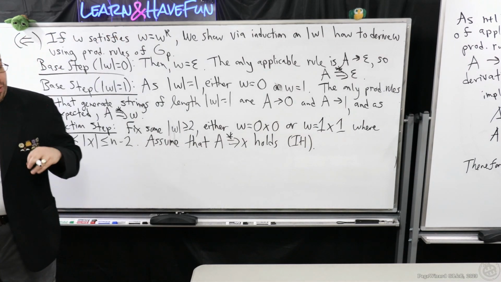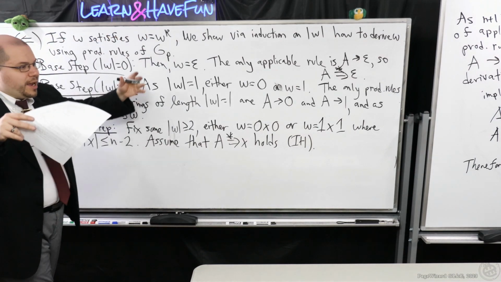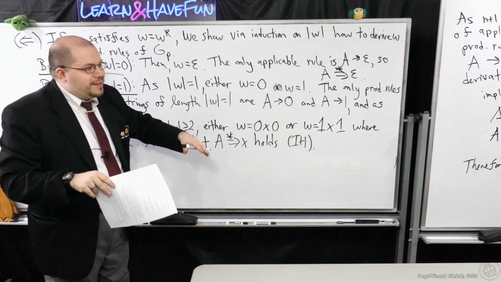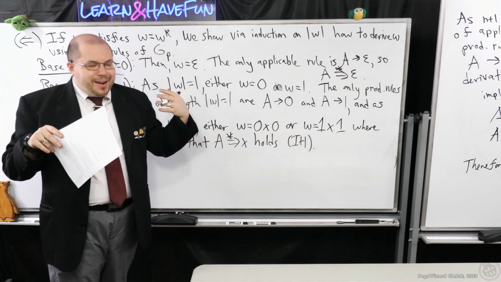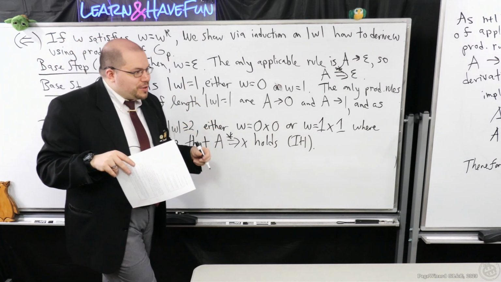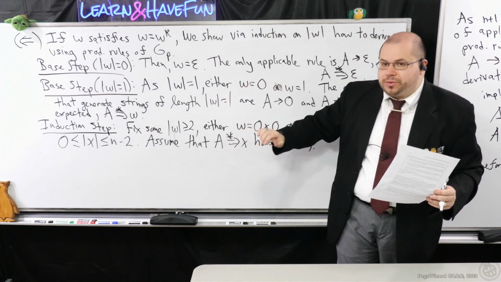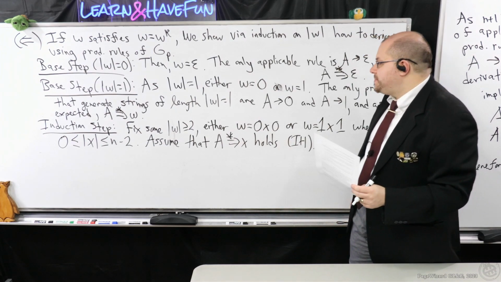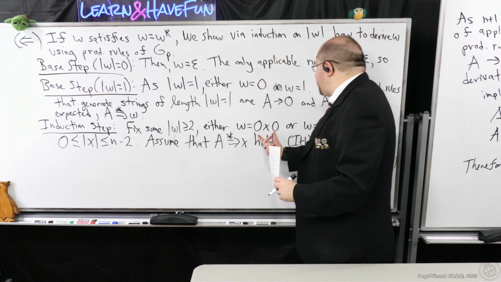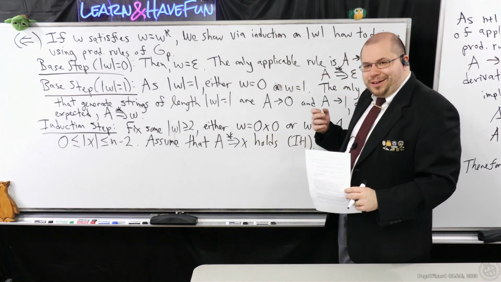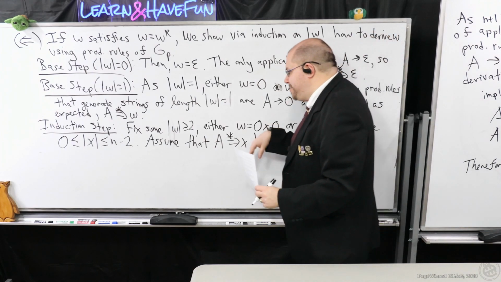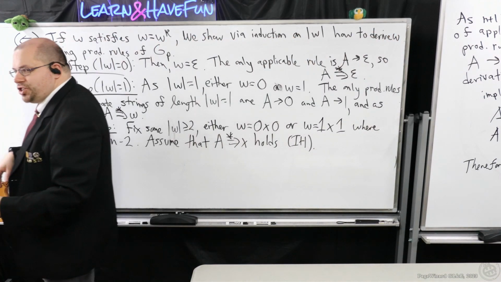So you might ask, Dan, why are we doing it this way? So I'm starting up here and I'm working my way down. So the thing is, I don't know what X looks like in terms of its length, but I'm going to presume that it's going to be any one that is going to be shorter than ours. But based on the structure of this, I can know that I can take away 2 of the symbols, meaning it's always going to be that this X is going to be a shorter string.